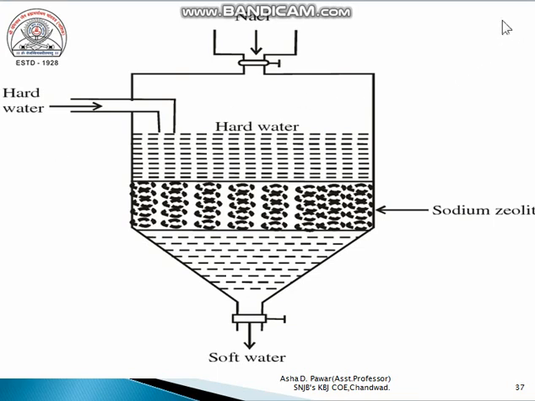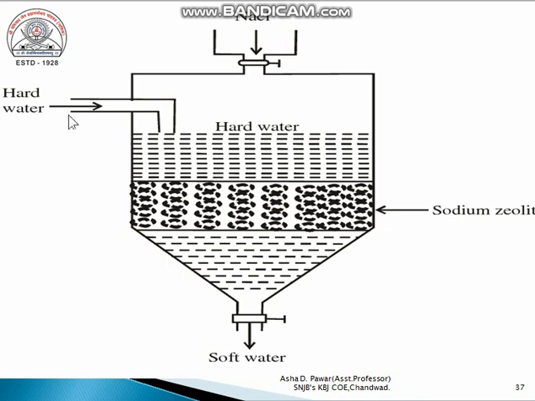So what exactly is the process? This is a diagram for the zeolite process. In a small pot or container, at the center there is a zeolite bed, and zeolite is generally known as sodium zeolite because sodium is the exchangeable ion. Then hard water enters at the top of the zeolite bed.